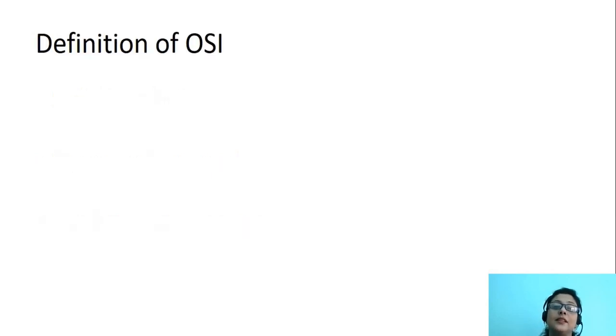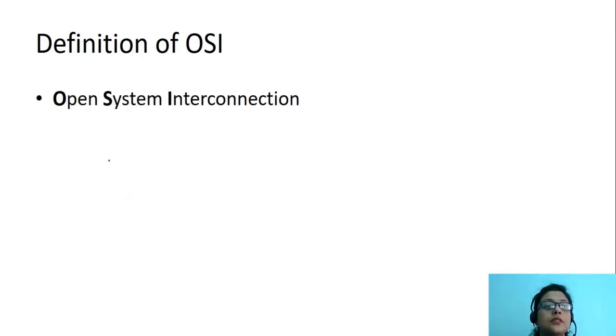So let us understand the definition of OSI. OSI means Open System Interconnection. So it starts with O, S and then I. Now this is basically a reference model for computer networks.